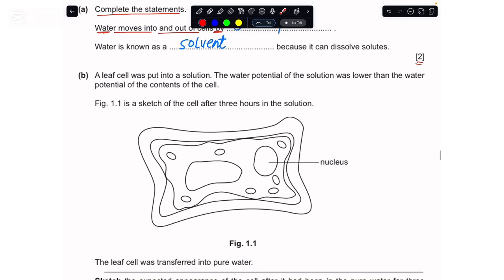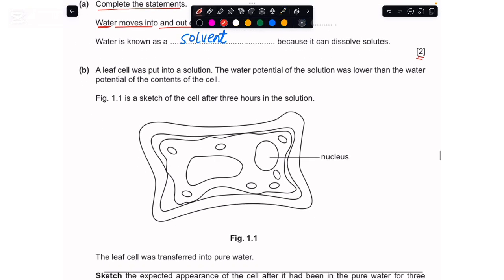If we were to move to part B, they say that we have got a leaf cell and this was put into a solution. Like we have placed the leaf cell into a solution, and the water potential of the solution was lower than the water potential of the content of the cell.